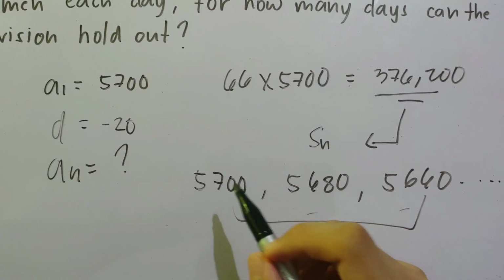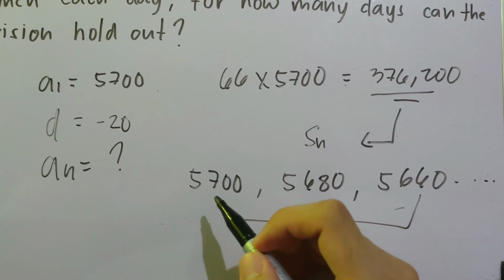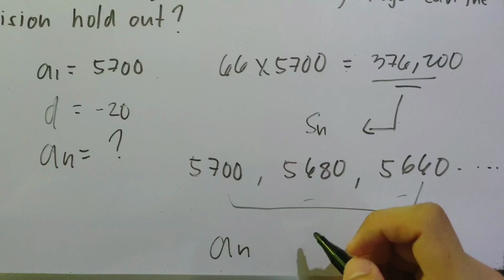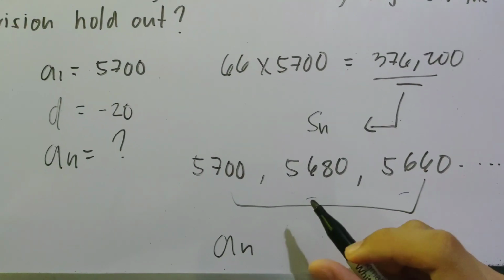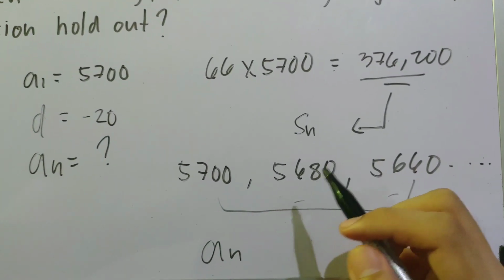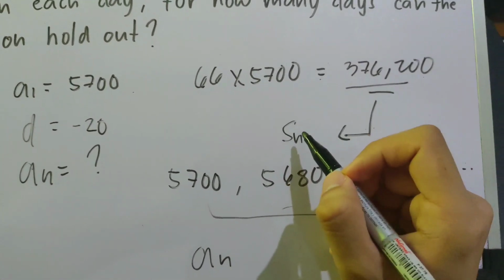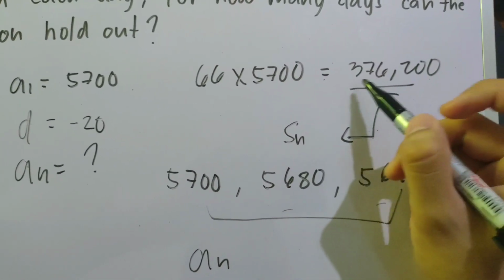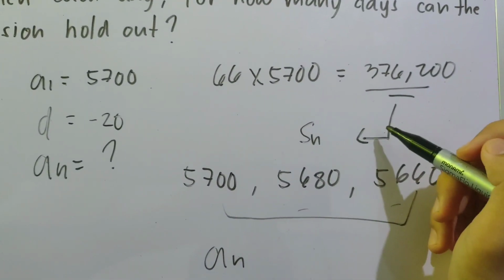So kapag i-add mo yung series from 5,700 up to AN, or yung last number of men natin hanggang sa maubos yung provision, the same lang siya sa sum of arithmetic series natin. Kaya nasabi ko na yung SN natin ay the same lang sa total number of provisions.